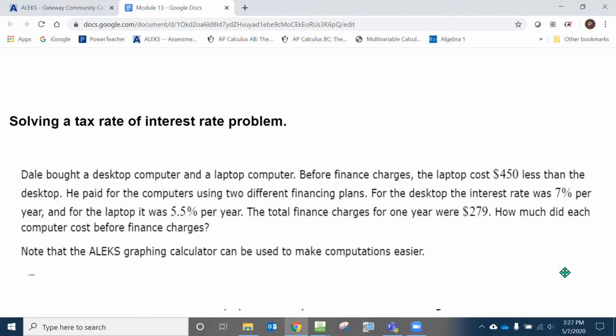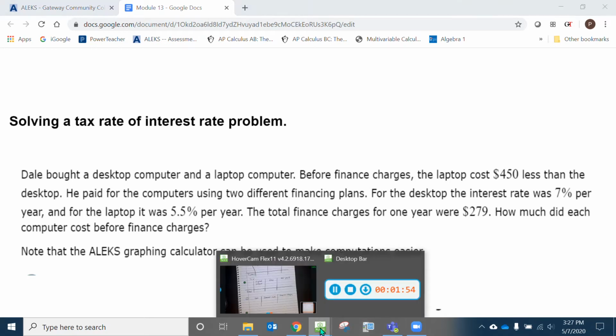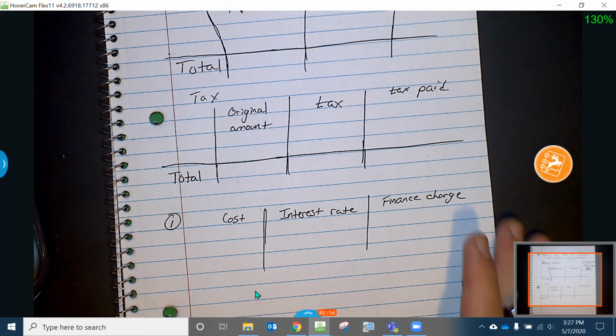So number one, we have the cost, the interest rate. I didn't put rate in the previous picture, and we can put finance charge. So we have this.